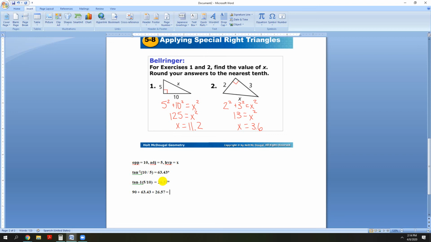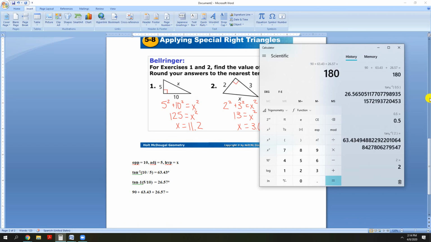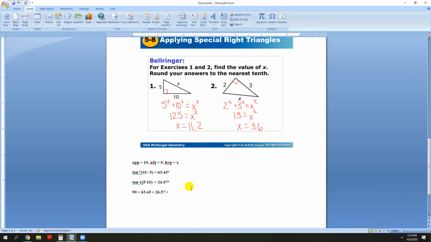So we're going to go ahead and add these three numbers, and if we did everything correctly, then this should be exactly 180. 90 plus 63.43 plus 26.57 equals 180 degrees. So we know that that actually does add up exactly to what we want.